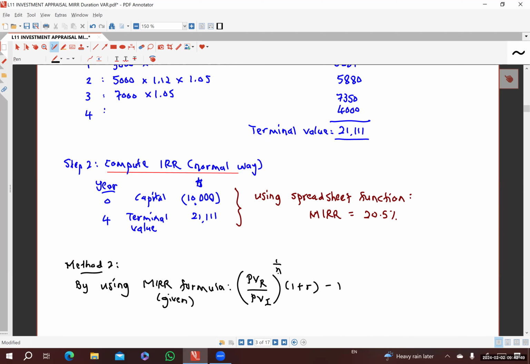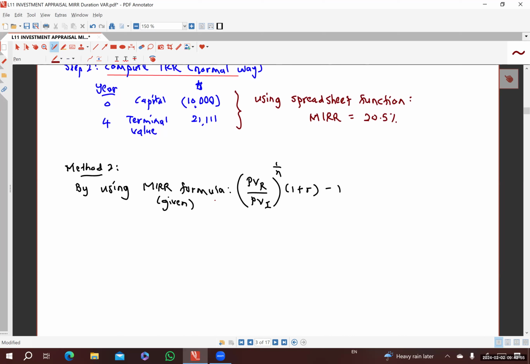N is the year. PVR is the present value of the return phase. PVI is the present value of the investment phase.